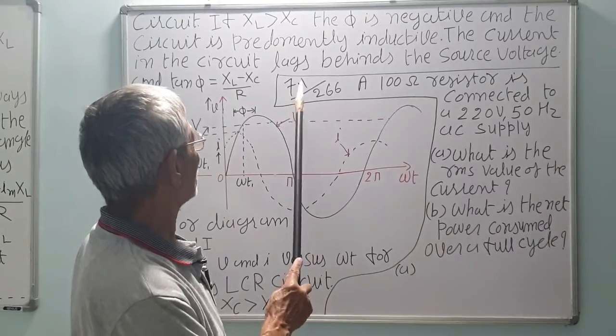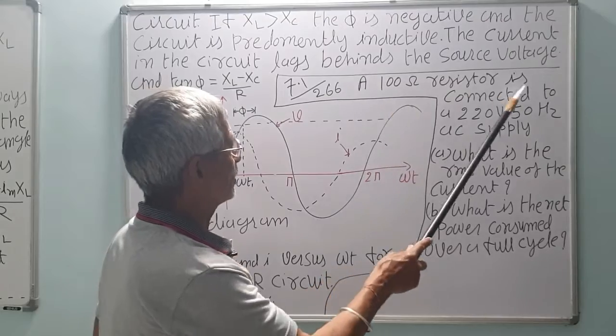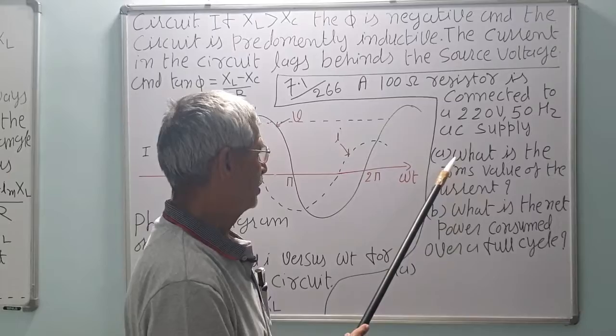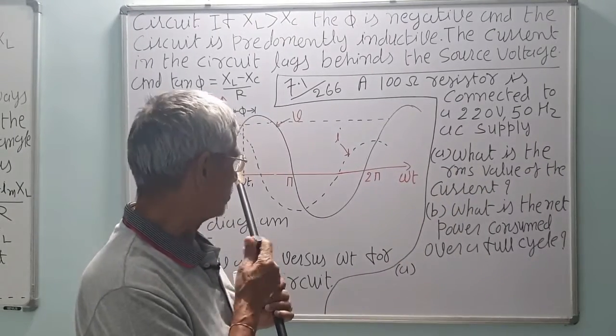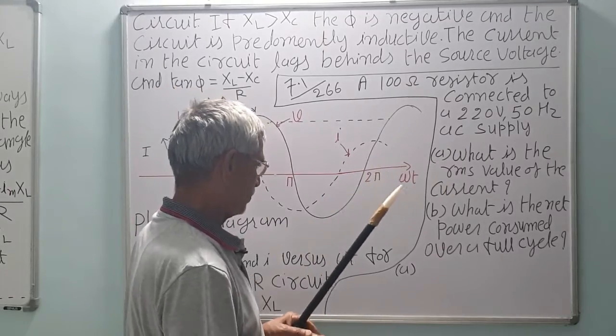Next is example 7.1 on page number 266. A 100 ohm resistor is connected to a 220 volt 50 hertz AC supply. What is the RMS value of the current? The voltage is given already and the resistor is also given.